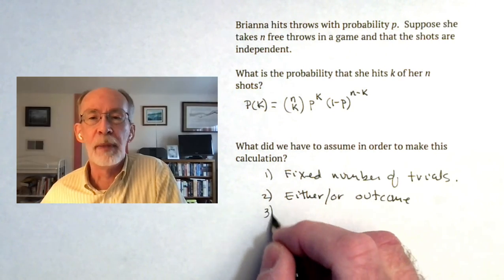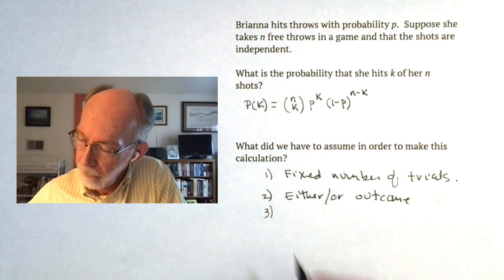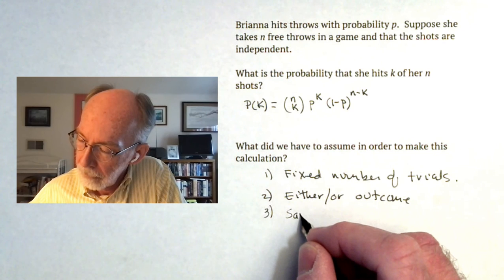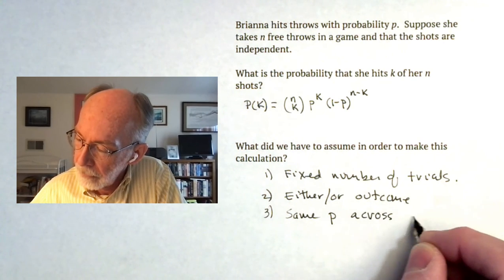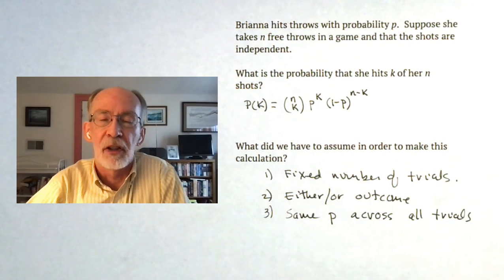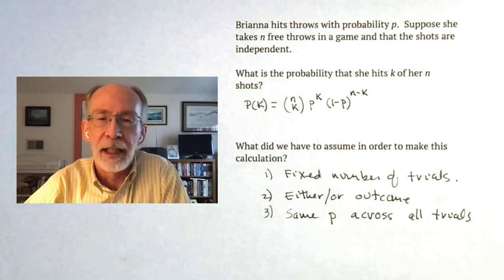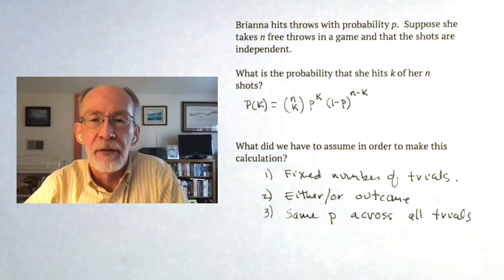Third thing we're assuming is that the same probability applies to all the trials. So it's not going to be 65% for the first half of the game and 69% for the second half of the game or something like that.